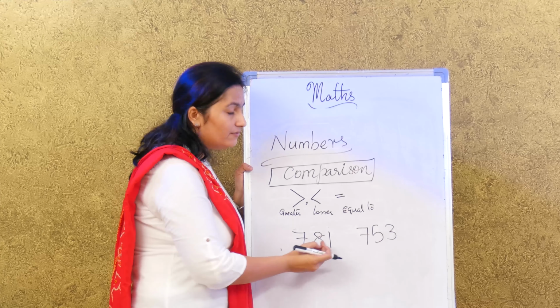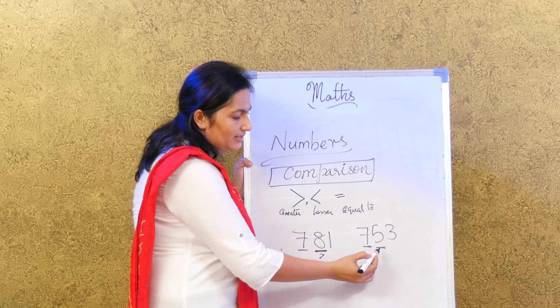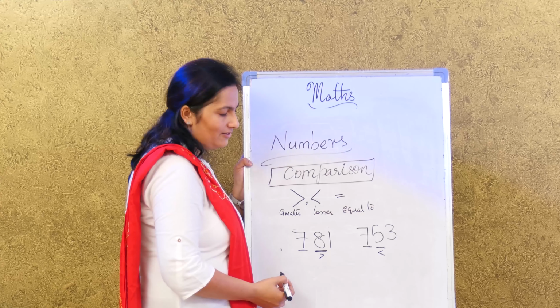We don't know yet. Then we look at the second digit, the tens. When you look at the tens, then we are almost reaching the answer, right? This is greater, this is lesser.